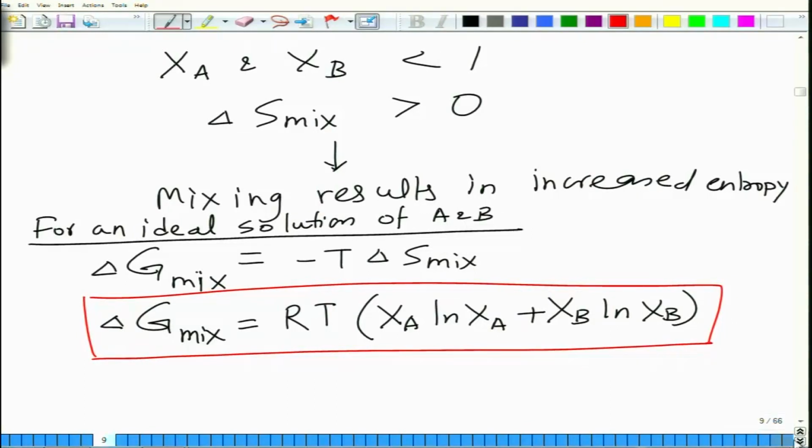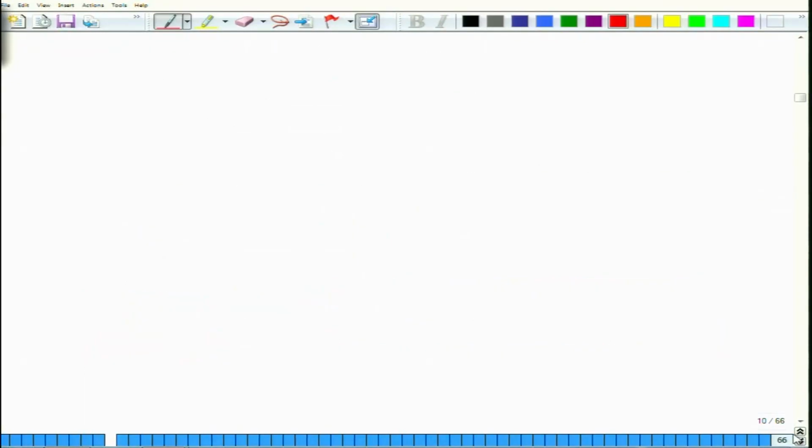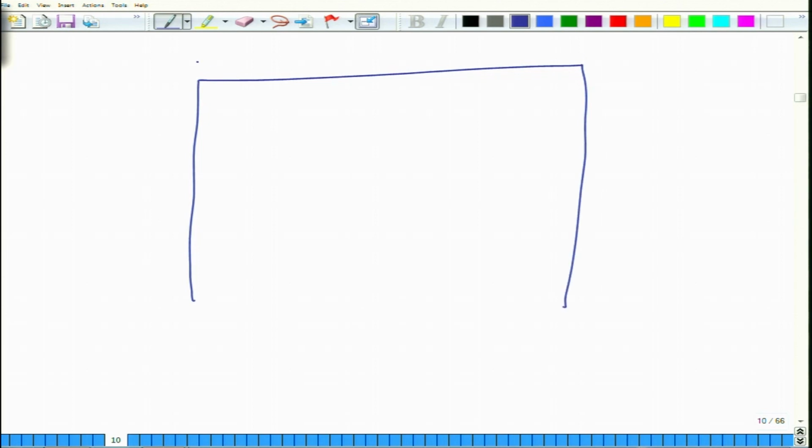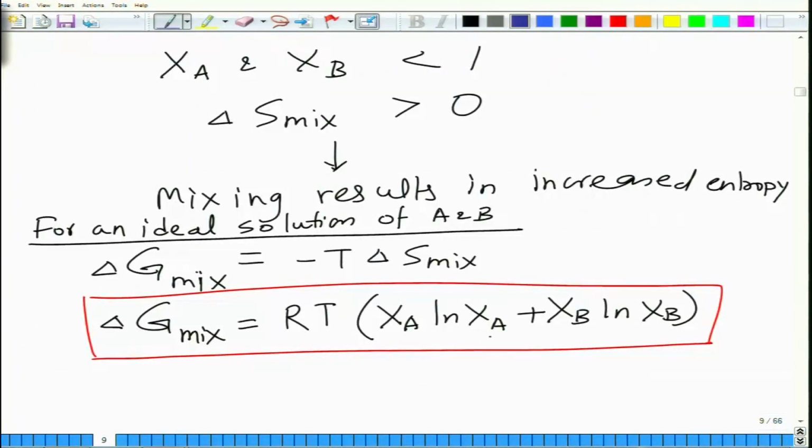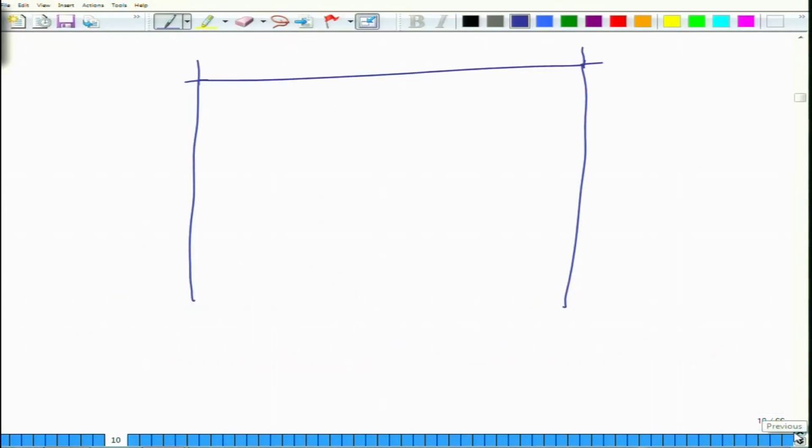So, now you can also plot it. You can see from the above expression that since Xa and Xb are lower than 1, delta G mixing is going to be negative. So, I am going to plot this below 0. So, this is 0, this is pure A, this is pure B, and this is change in Xb. Okay.